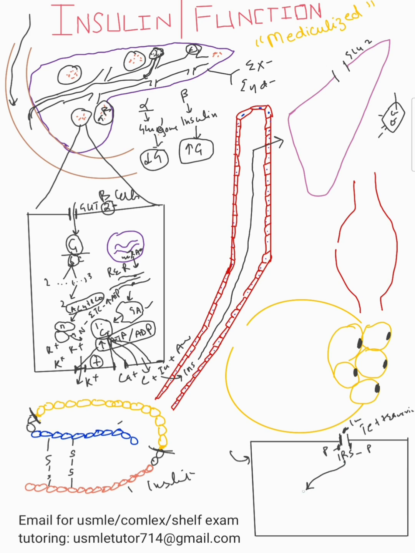Eventually, this IRS is going to go down two pathways. One is the PI3K pathway. The other is the Ras MAP kinase pathway. Now, this PI3K is going to increase gene expression of some transporters called GLUT4 transporters.